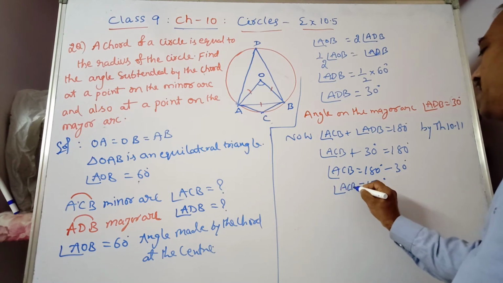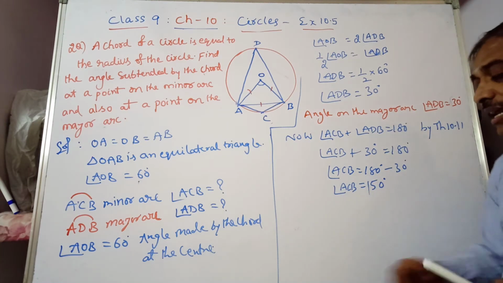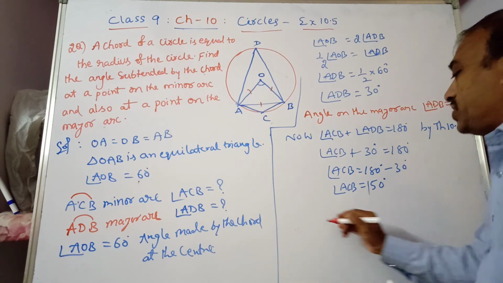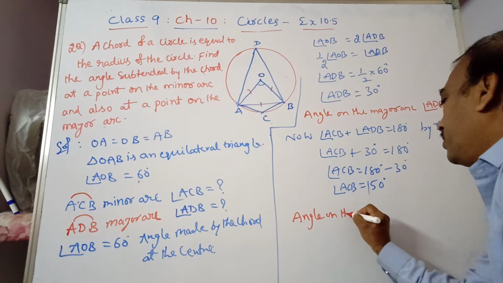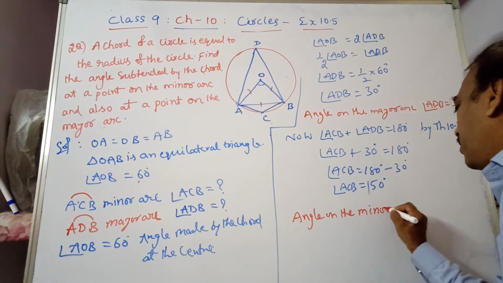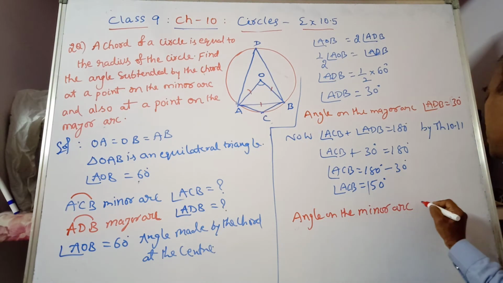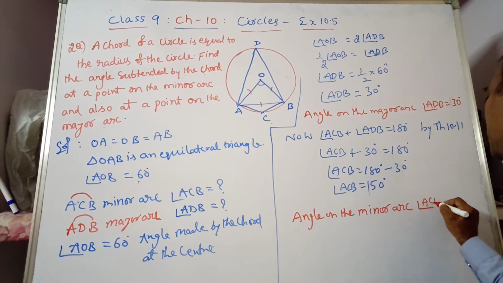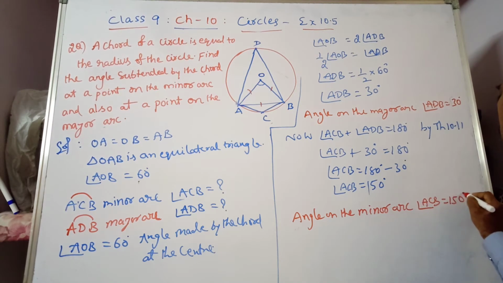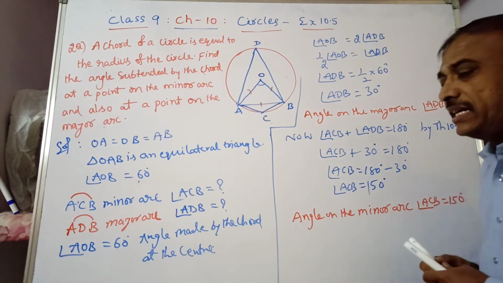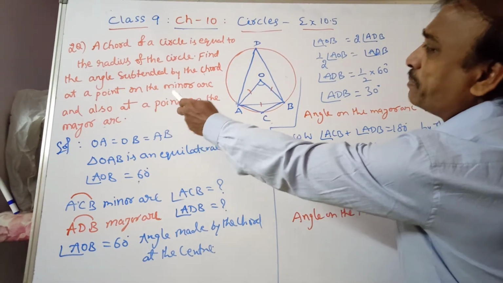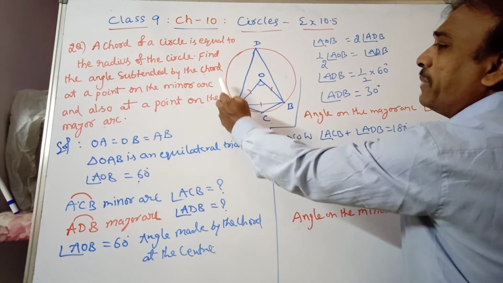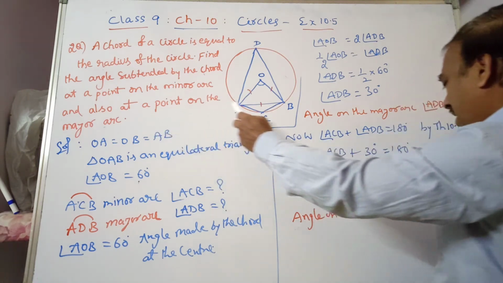So ACB is which angle? The angle on the minor arc. Angle ACB is equal to 150 degrees. So he is asking for the angle subtended by the point on the minor arc and the angle on the major arc.